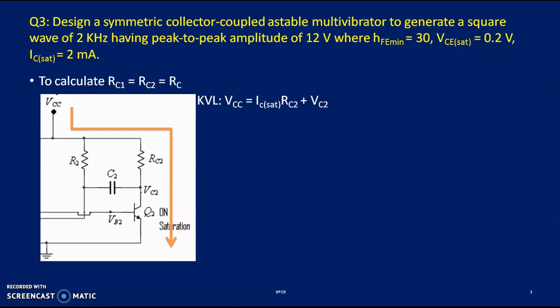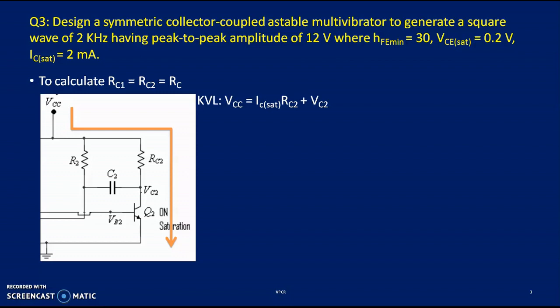Here we know whenever a transistor is on, the current is indicated as a saturated value, and that current is flowing in the collector terminal. That is the reason we are representing it as IC sat. You may have a doubt: here you may not see the loop. Actually there is a loop.